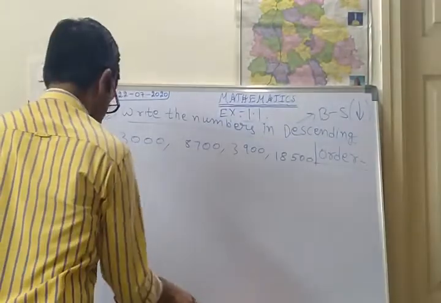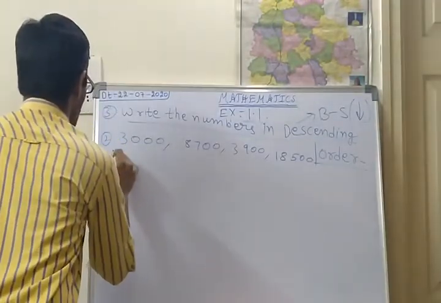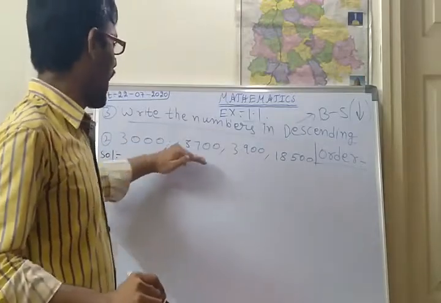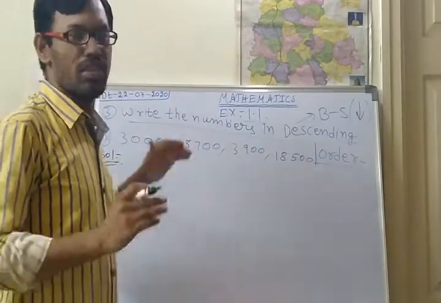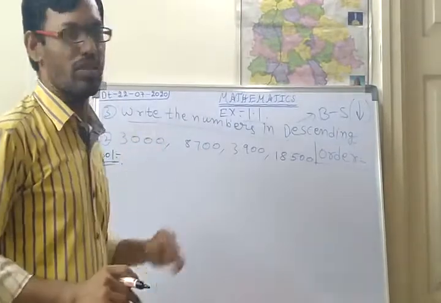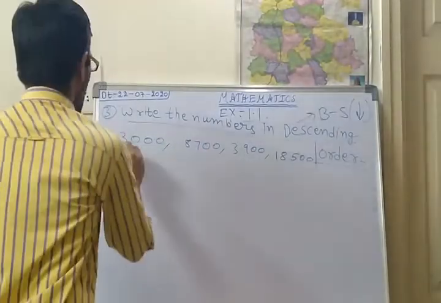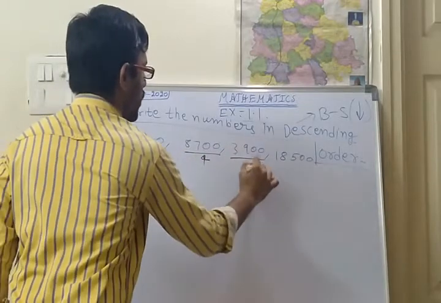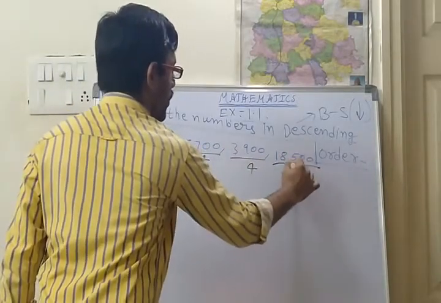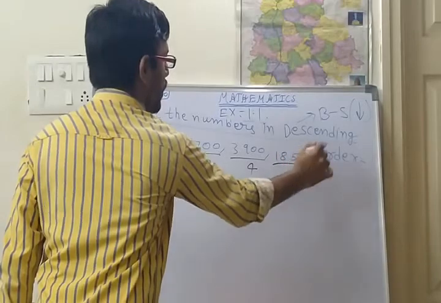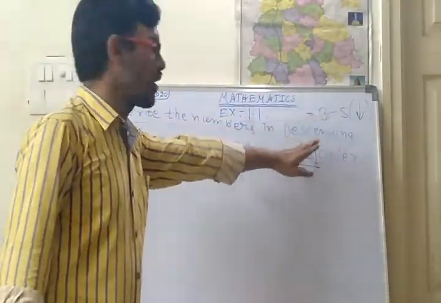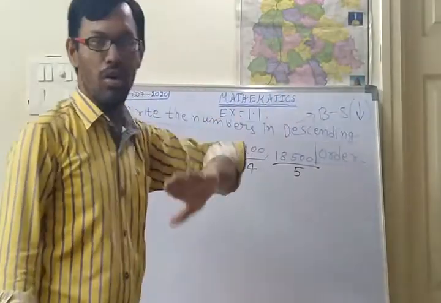So coming to the solution. First of all, as you are seeing these numbers, you should count the number of digits for each and every number. Here 4 digits, here 4 digits, here 4 digits, but here 5 digits, 18500. Descending order means, remember, big to small. I hope you are understanding.